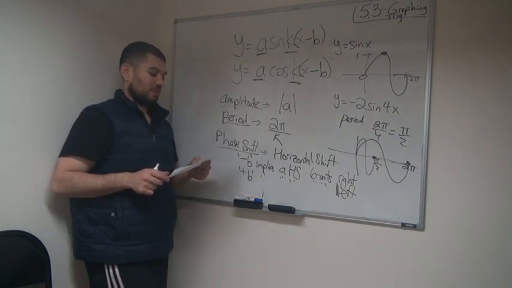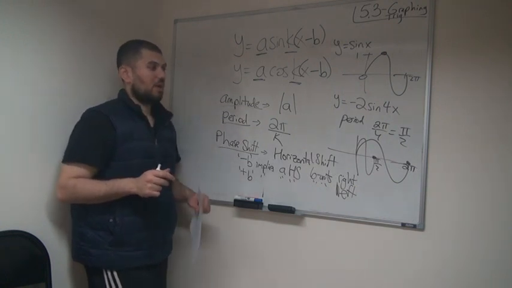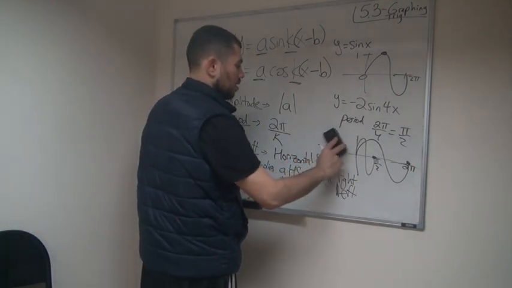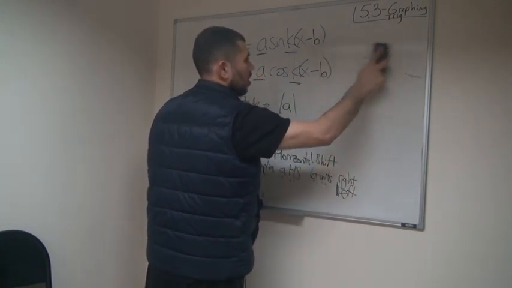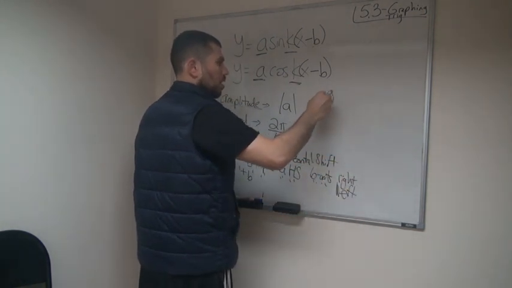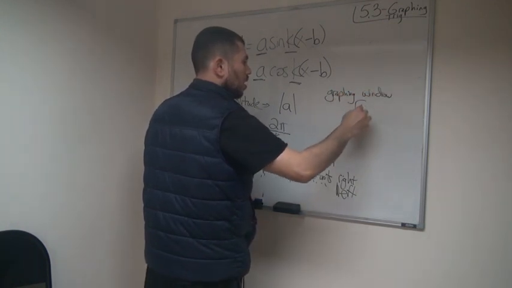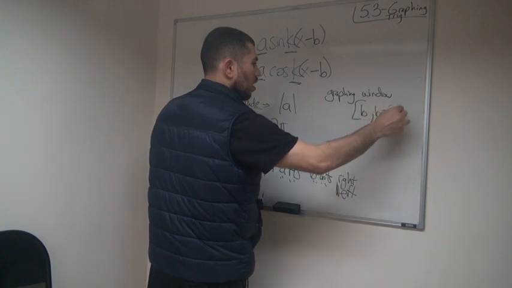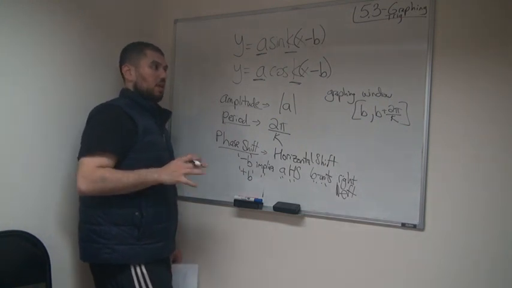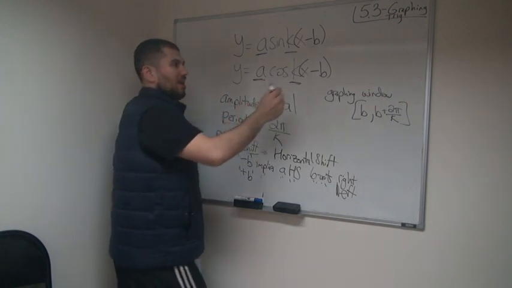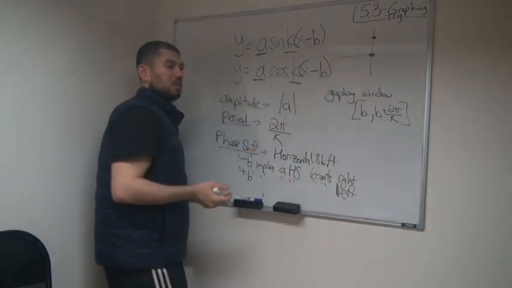Now the next thing that I put up is the graphing window. Graph on the window of b comma b plus 2 pi over k, so if I want one full cycle, what that's going to allow me to do is say, okay, beforehand, with my standard graphs, if I wanted a full cycle length, I would start at 0, 0 or 1, 0, depending on if it was sine or cosine.